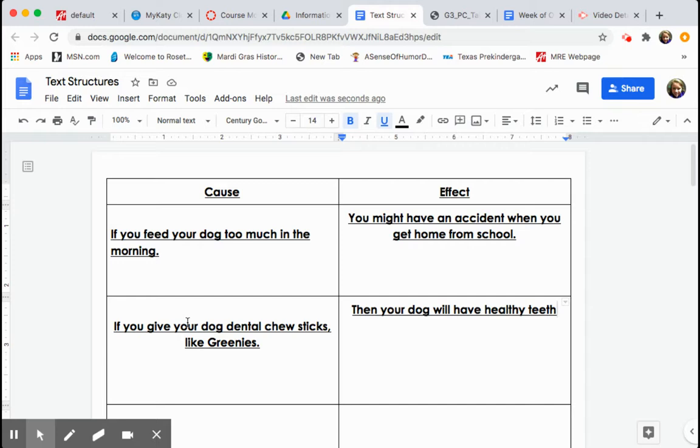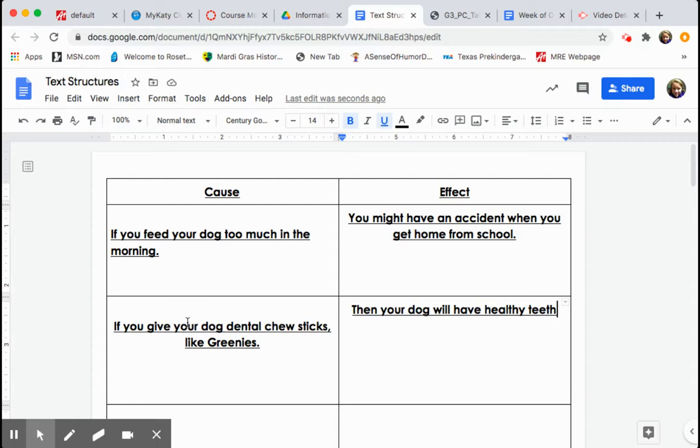Okay, if you're doing something like baking, then you could say something like, if you add too many ingredients, like too many eggs, then you might have a gooey cake or something.